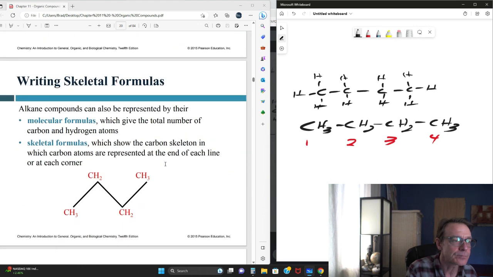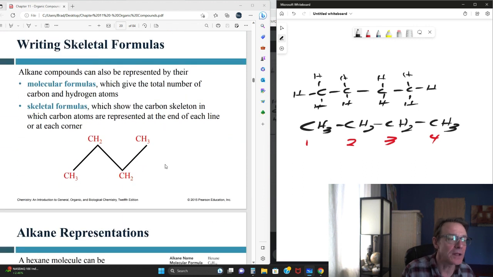Now here is skeletal. All skeletal is saying is you draw a zigzag, and each bend in your zigzag is a carbon.